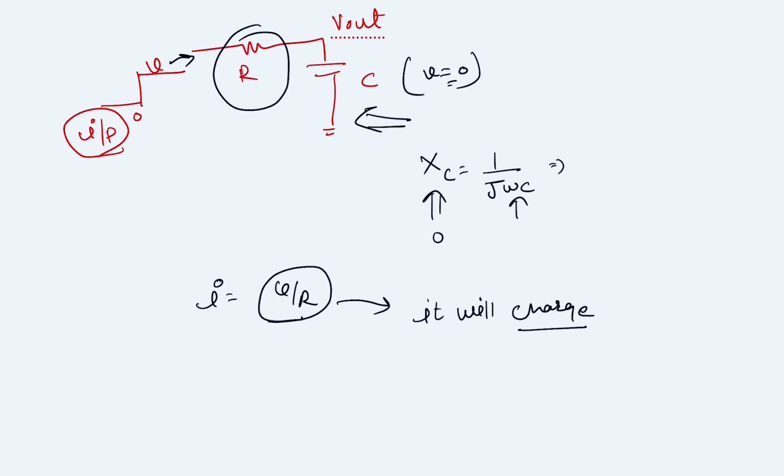Now as the charging of the cap increases, the voltage across the cap is increasing. The voltage across the resistance will decrease, and the current will decrease, and because the current decreases, the speed at which the cap is charging also reduces.